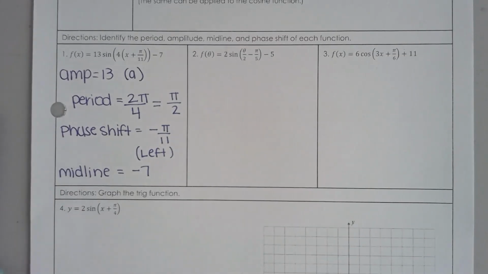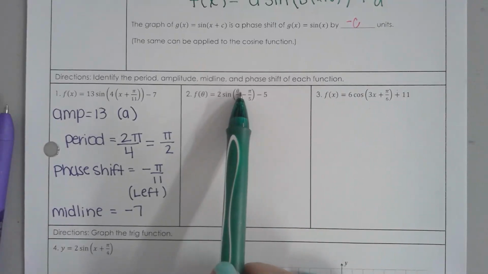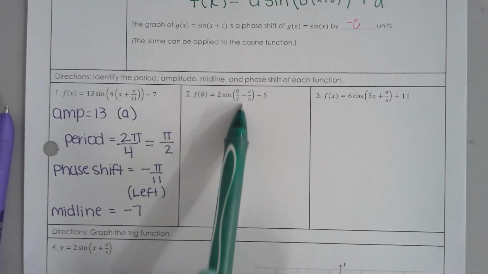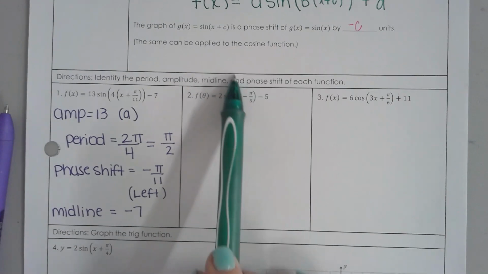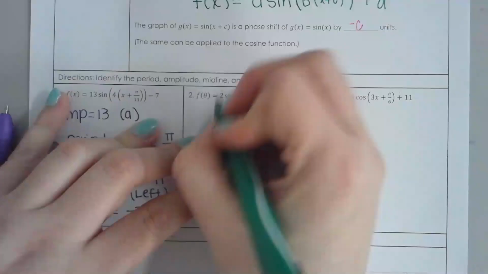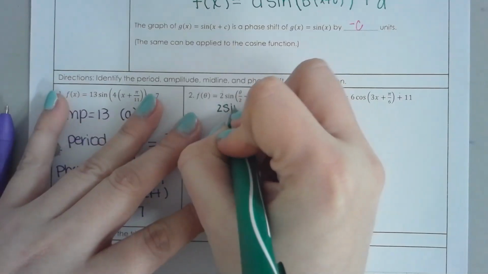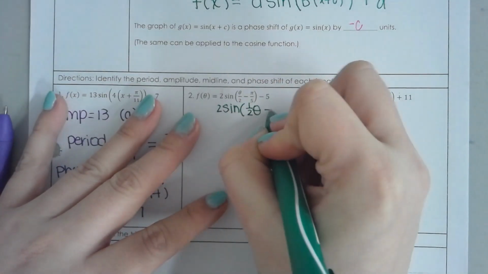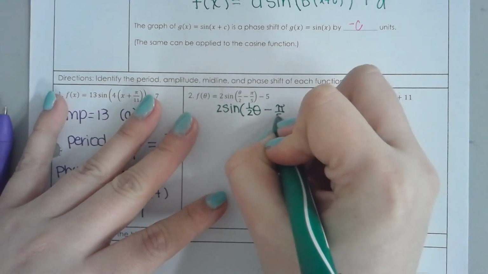Now number 2, if you'll look, instead of using x, it uses theta. That's common. You could see either one. But this is theta over 2, which is really 1/2 theta, right? If you divide by 2, it's the same as having 1/2. I'm going to rewrite that in case it might help you. 1/2 theta minus pi over 5.